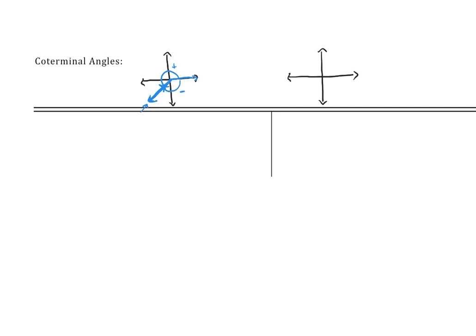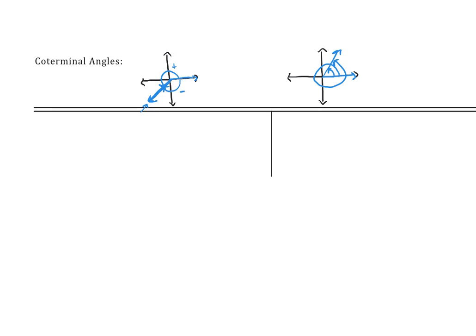And then the other option would be, I could have this angle, from here to here, and the other one could still be positive, but it might go all the way around and then back. So it's like a whole 360 degrees added to it.